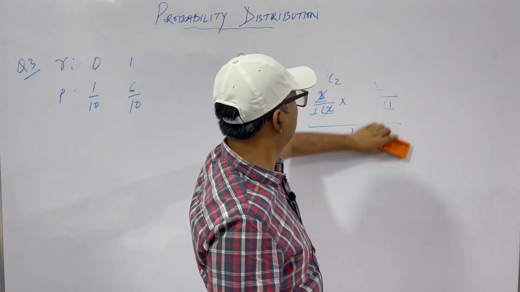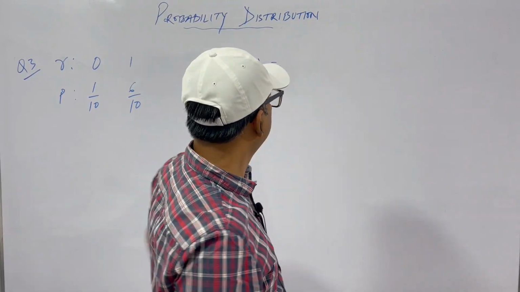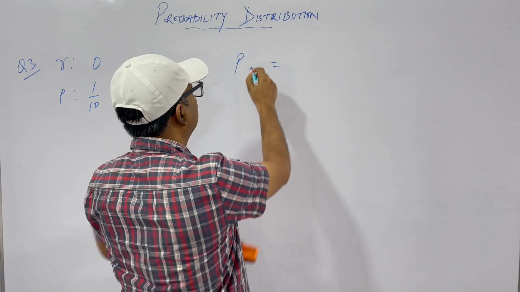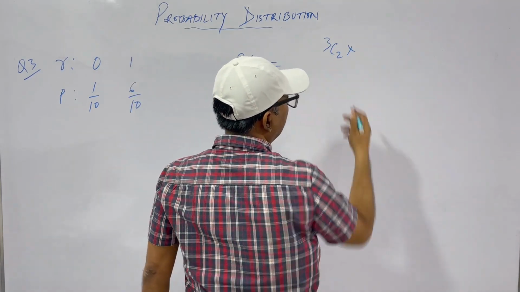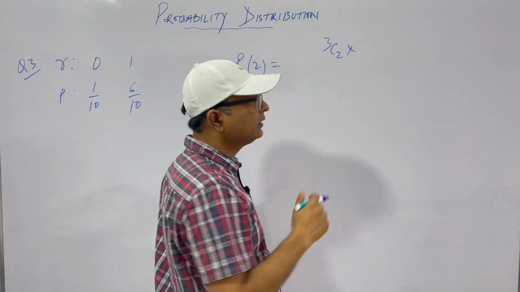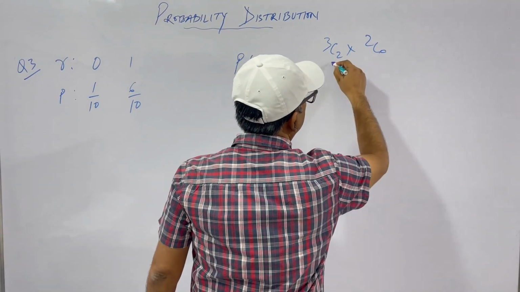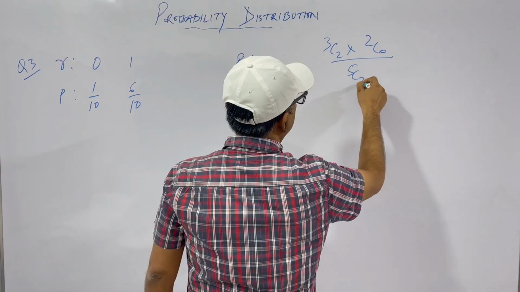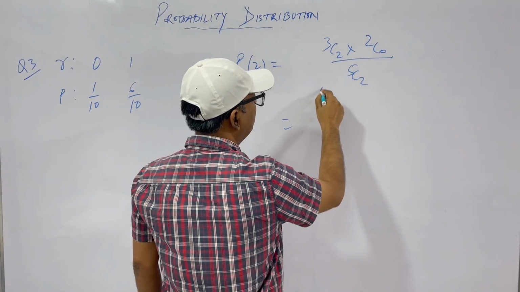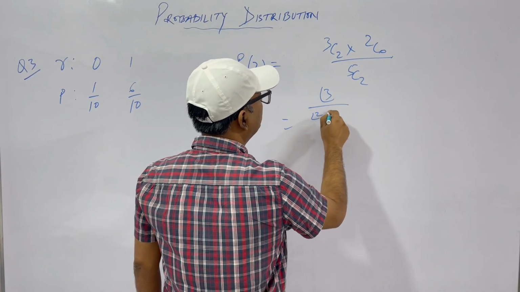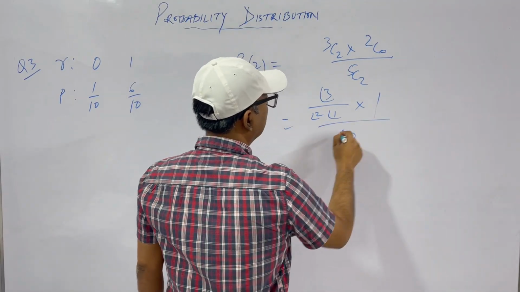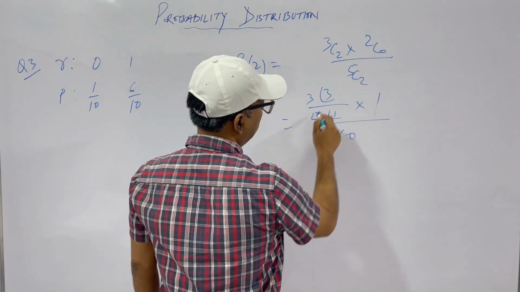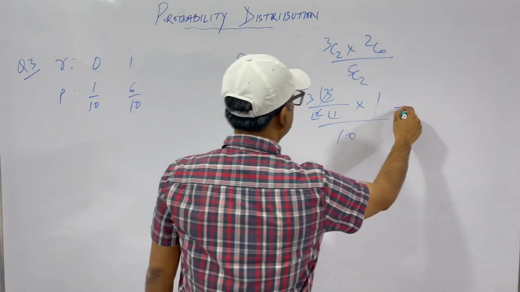Now let's see the probability of getting two red balls. It is 3C2, when both balls are red, times 2C0, by 5C2. That is factorial 3 over factorial 2 factorial 1, which is 3, by 10.